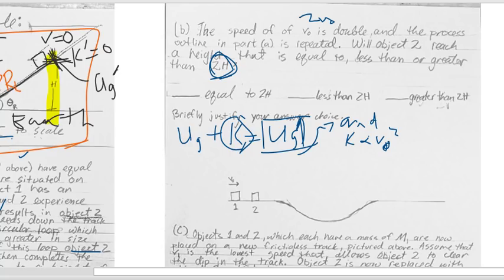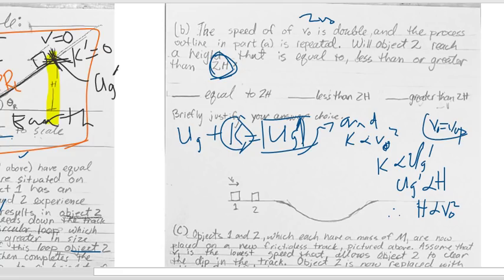And K is directly proportional to U g prime. U g prime is directly proportional to capital H. Therefore, H is directly proportional to v naught squared. And I might put over here v naught equals v up. That's probably overkill, but just so you know, because we did that with the collision. So if this is true, if I have twice the speed, I have 4 times the height because it's squared. So I'm going to put an x next to greater than.